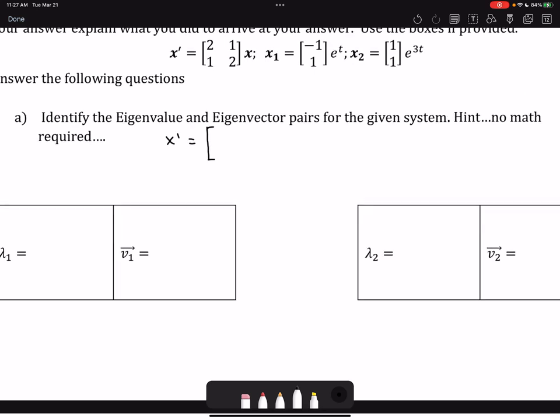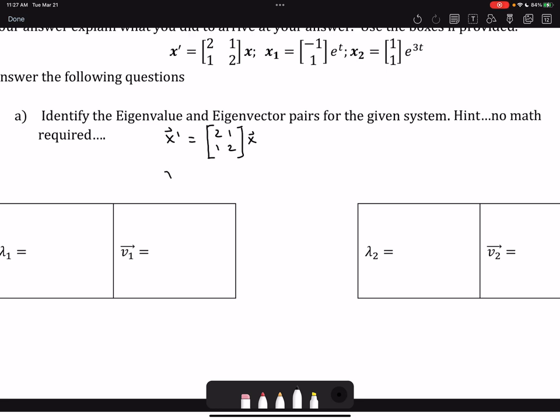It's equal to 2, 1, 1, 2, x. And these are both vectors. Okay. So what can we get from this? Well, we can rewrite this as x prime equals Ax, where A is that matrix over there.